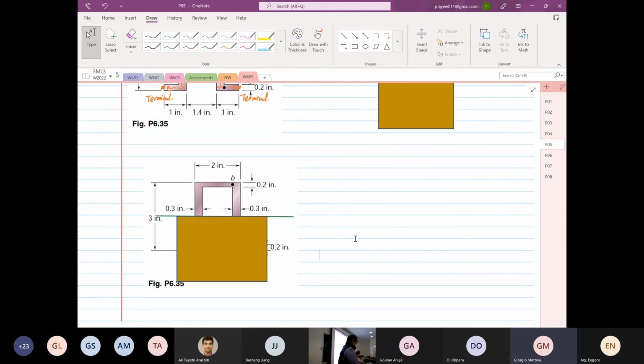Now, some of you say, Eugene, how can you cover one place and not cover the other place? I'll tell you why. Rule number 4: the first moment of area cannot cross the centroid. Yes, that's why I can cover it.